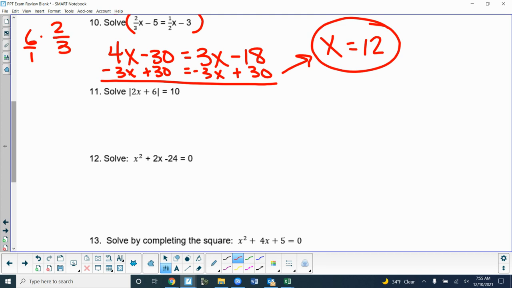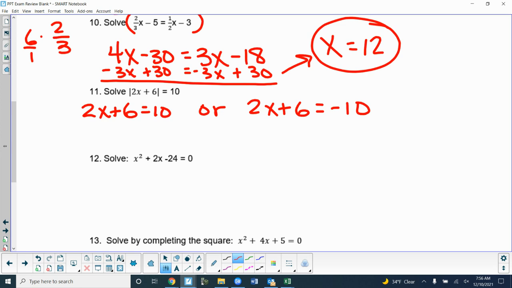So you have 2x plus 6 equals 10, or 2x plus 6 equals negative 10. The only thing that changes is the 10 to a negative. And then I just do those two problems.